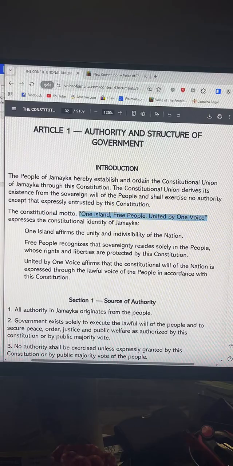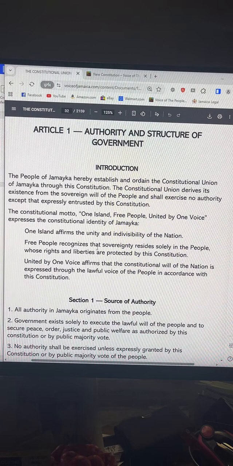Again, this is a public document. So if we feel like we want to change this to something else, you can make suggestions. One island, free people, united by one voice. Expresses the constitutional identity of Jamaica. One island affirms the unity and indivisibility of the nation.